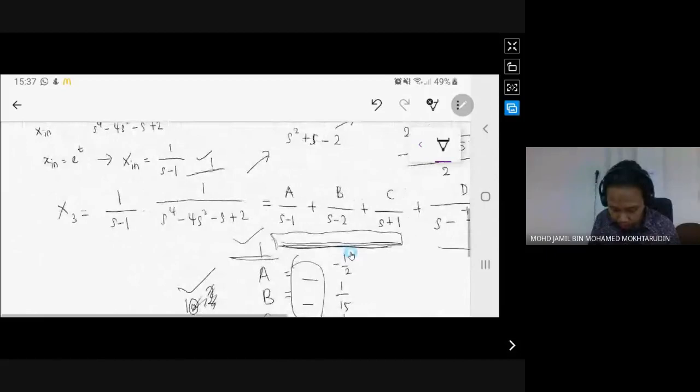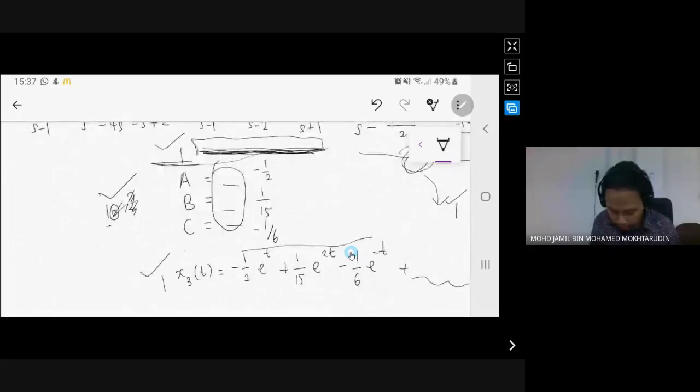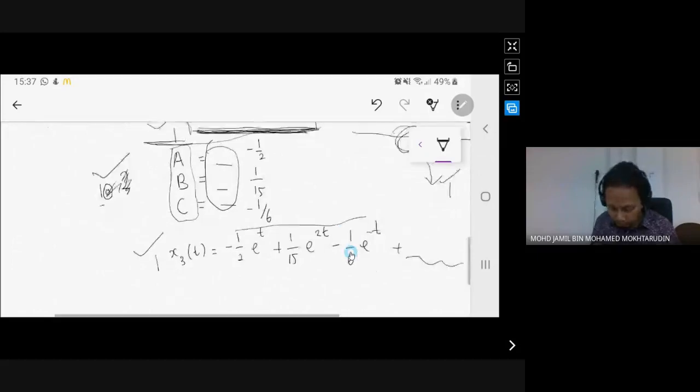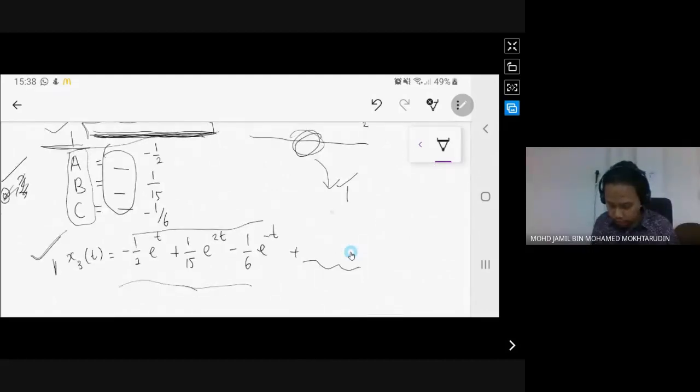So overall, 5 marks. 1 mark for X in terms of frequency, 1 mark for separating the fraction, even half only is also 1 mark, 1 mark for finding A, B, C, even though the values are wrong, I give you 1 mark. And 1 mark for attempting to find the inverse, even if halfway, also 1 mark.